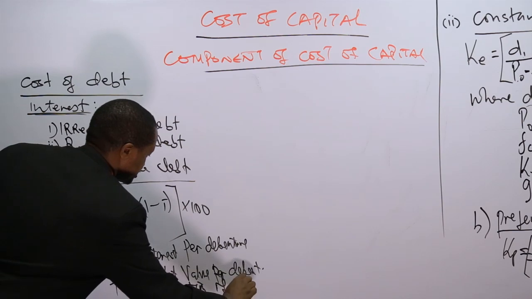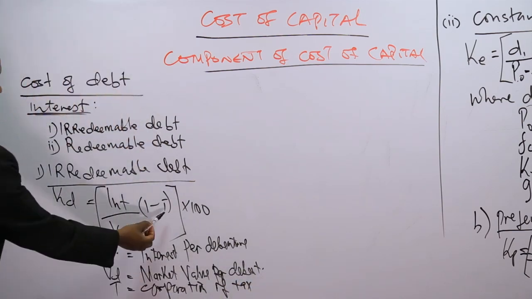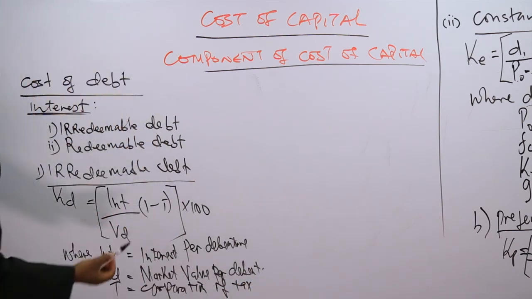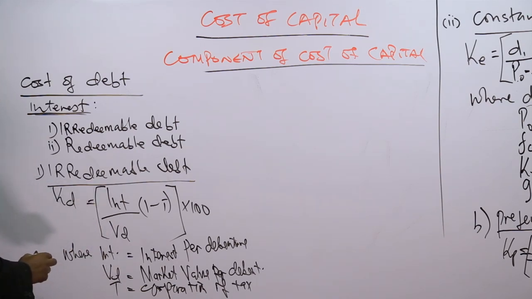T is the corporation tax, VD is the market price per debenture, and int is the interest per debenture.